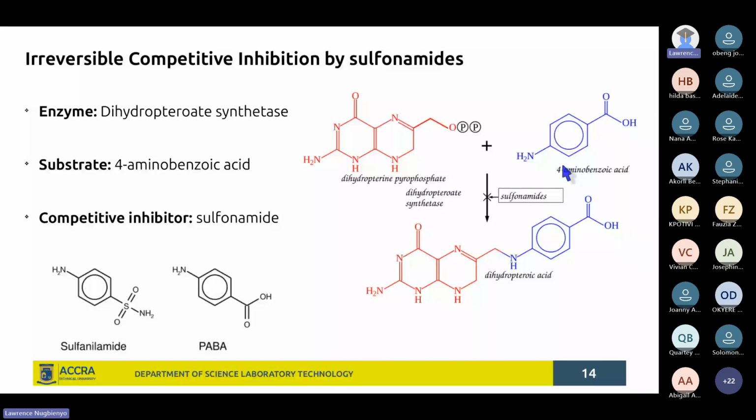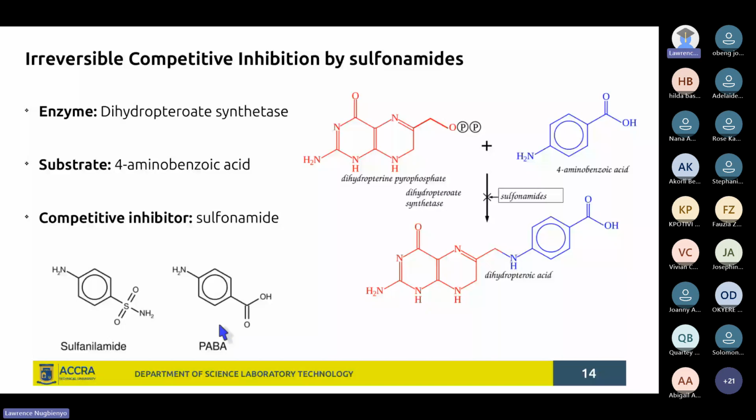And remember that I mentioned that the inhibitor is a structural analog of the substrate. Now let's take a look at the structures of these two. Say, let's take one of the sulfonamides, a common one, simple sulfanilamide, and take a look at the para-aminobenzoic acid or the 4-aminobenzoic acid.